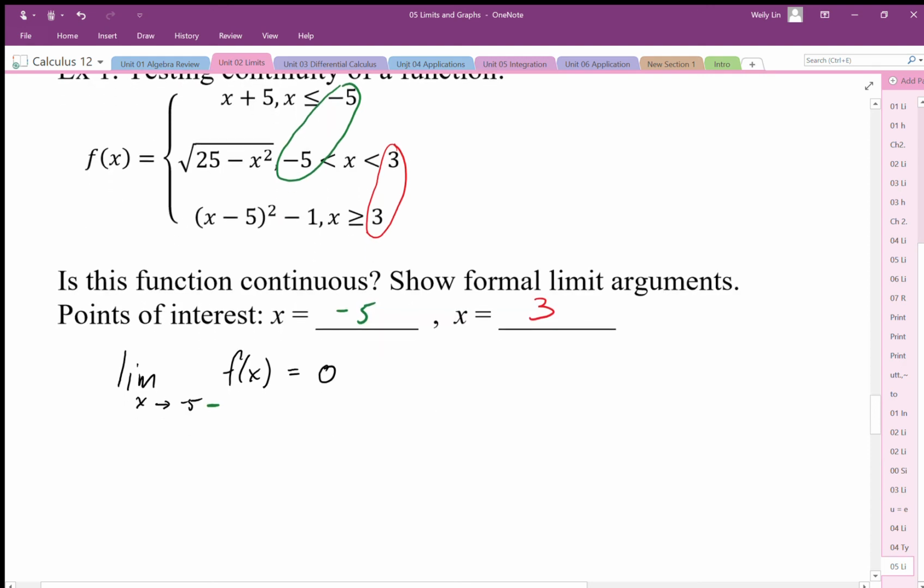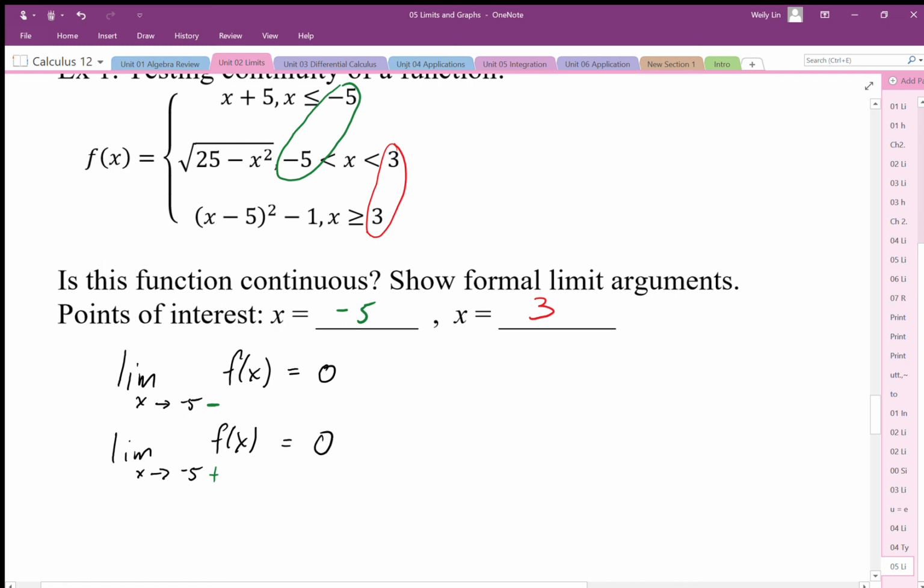Then we can check the limit as x approaches -5 from the positive side. From the positive side, we're going to use this function here, the square root function, to establish a coordinate. Plugging in -5, we get 0.